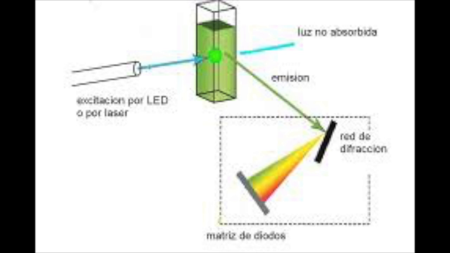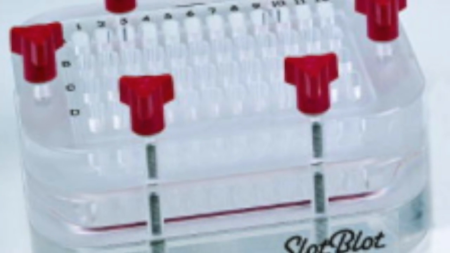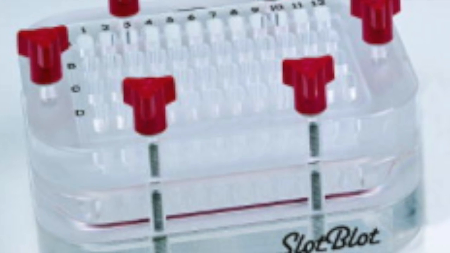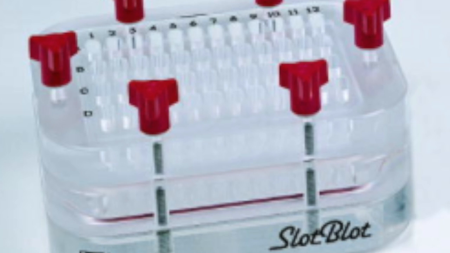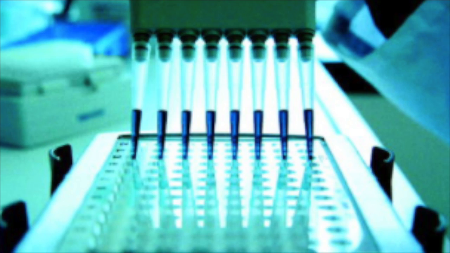Fluorimetry: using fluorescent probes, it quantifies DNA, RNA, or proteins with high specificity. Slot blot: a common procedure, specific to primates, modified using chemiluminescence rather than radioactivity. You can detect less than nanograms, and it detects double and single strand DNA.